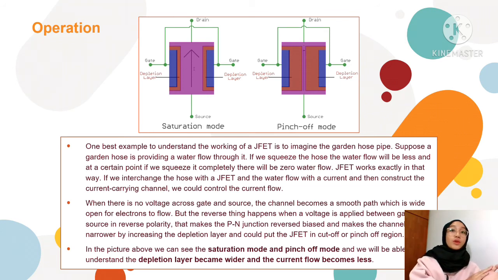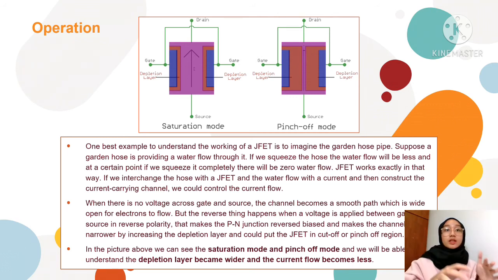So when there is no voltage across gate and source, the channel becomes a smooth path which is wide open for electrons to flow. But the reverse happens when a voltage is applied between gate and source in reverse polarity. That makes the PN junction reverse biased and makes the channel narrower by increasing the depletion layer, and could put the JFET in a cut-off or pinch-off region.